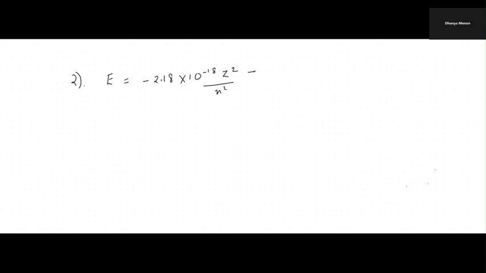If it is E in eV, we use the formula minus 13.6 Z squared by n squared eV. Okay, so that we have learned. Now the expression for radius of the nth shell is equal to 52.9 times n square by Z square pm.